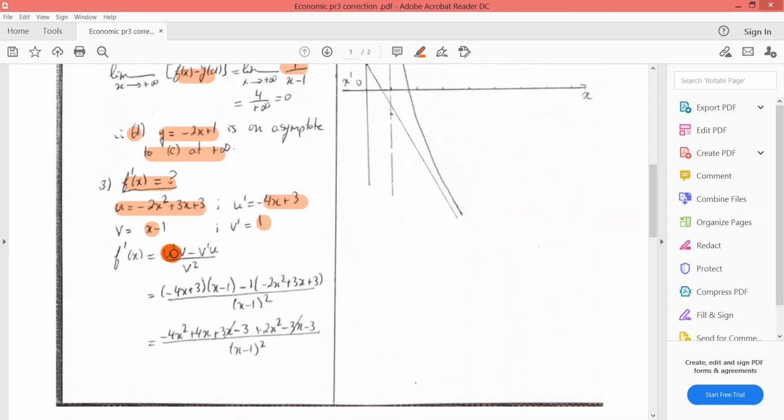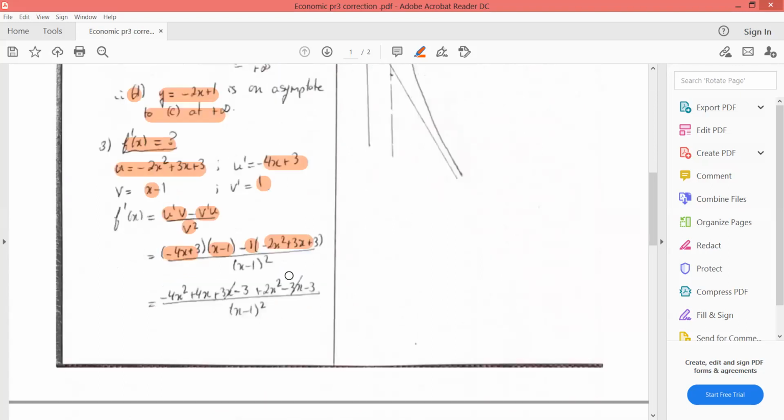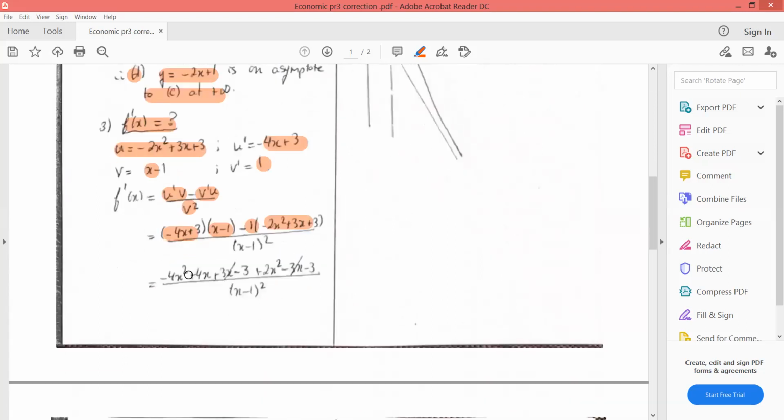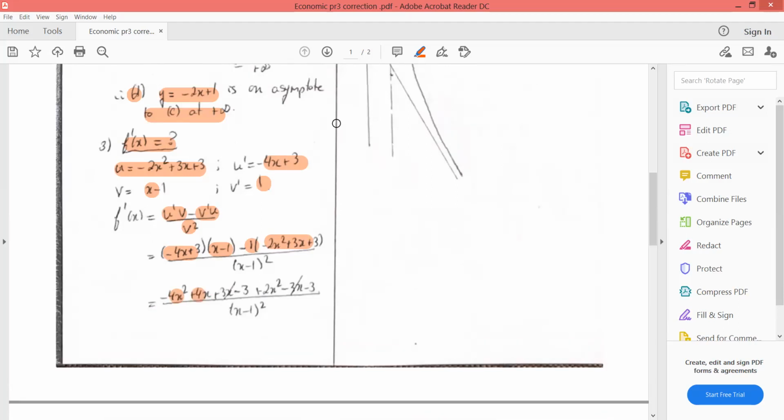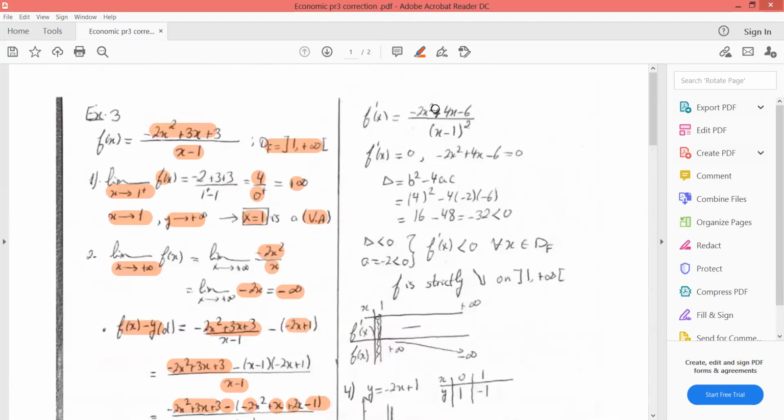This is u prime v minus v prime, which is 1 times u. We expand -4x² + 4x. We get finally (-2x² + 4x - 6) over (x - 1)².